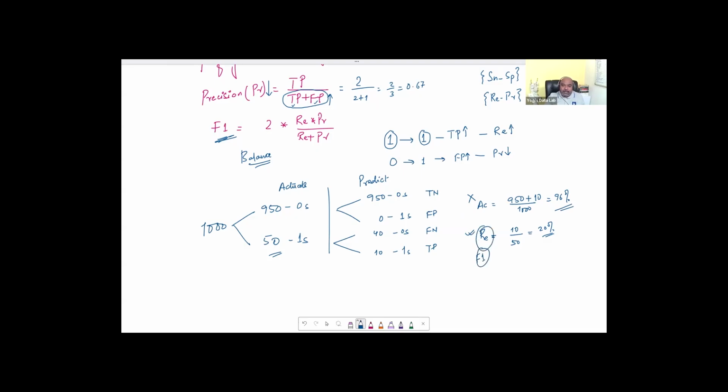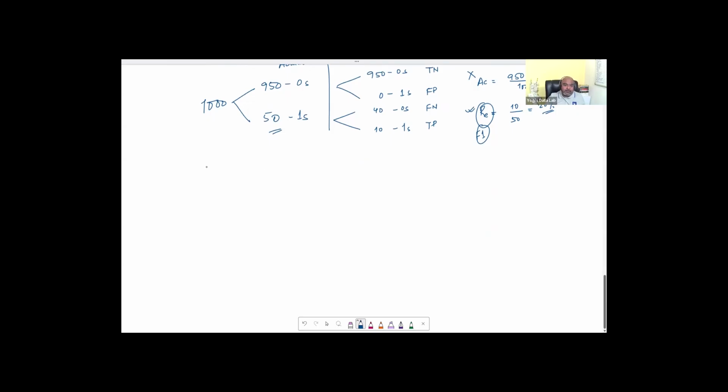Now, there's another concept known as the confusion matrix. I've seen many people get confused by the confusion matrix, but this is one of the simplest things you can look at. It is nothing but a cross table between the actual and the predicted. When I talk about actual, there are two values, 0 and 1, and in predicted, I can have 0 and 1.